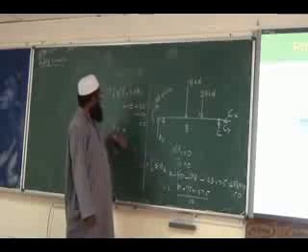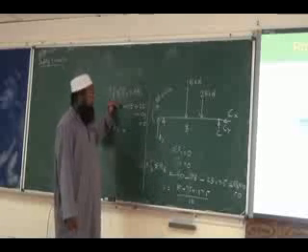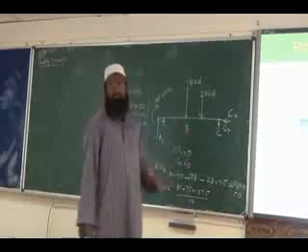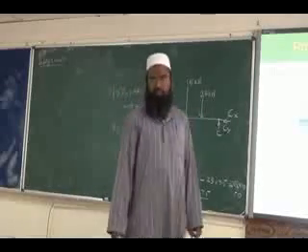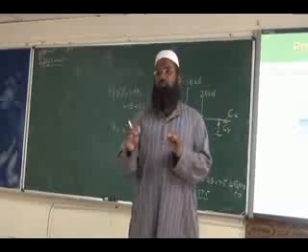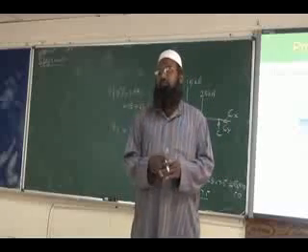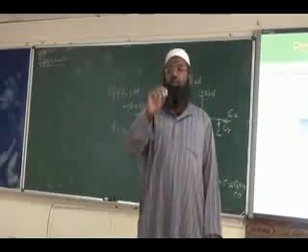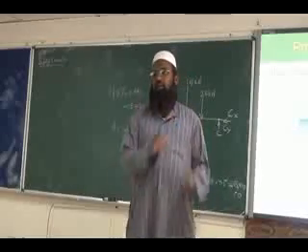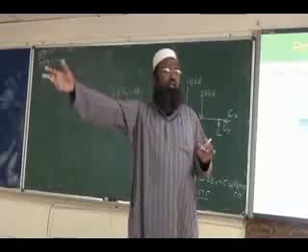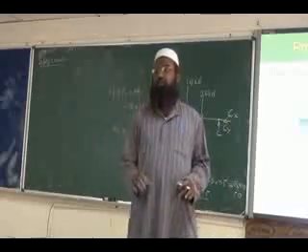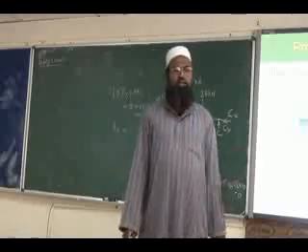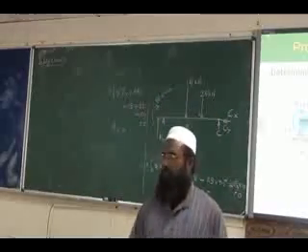After finding Cy, consider the sigma Fy equation to find Ay. These are the 3 steps generally we apply. If there is any horizontal reaction force, you consider sigma Fx. If no horizontal reaction force, directly go for taking moment about any one end point, to find out the vertical reaction at the other end. Then use the sigma Fy equation to find the other unknown reaction.